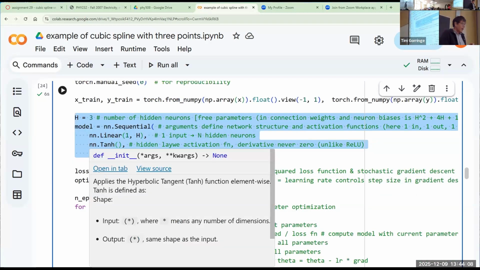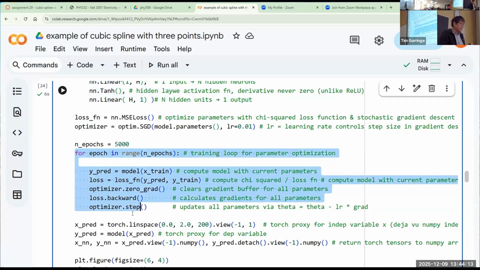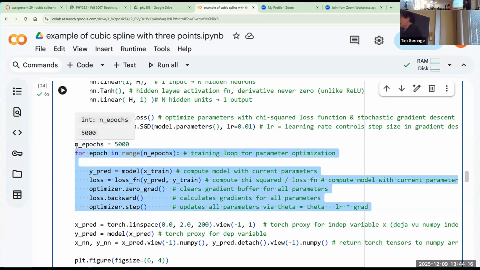So we got the network, we got how we're going to find the optimal values of the parameters, and then this loop here just goes round and round. For the given set of parameters, being the biases and weights, it's going to calculate the predicted y values from the x values. So it's going to make your prediction. It's going to calculate chi-squared. This is the second line here, although we're calling it a loss function, it's just like a chi-squared function.